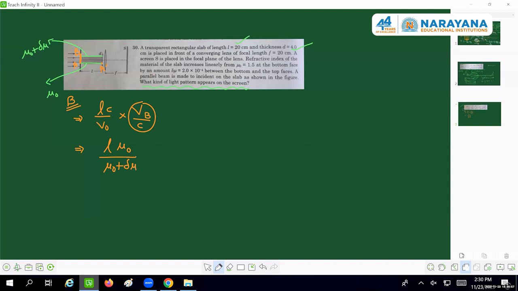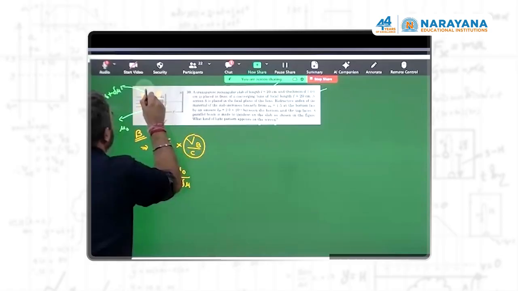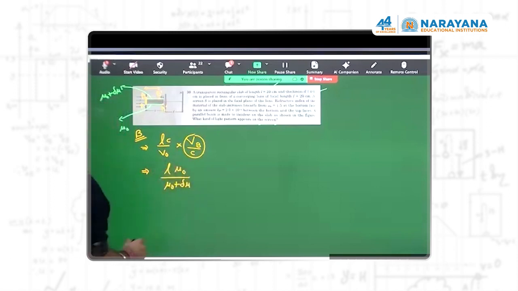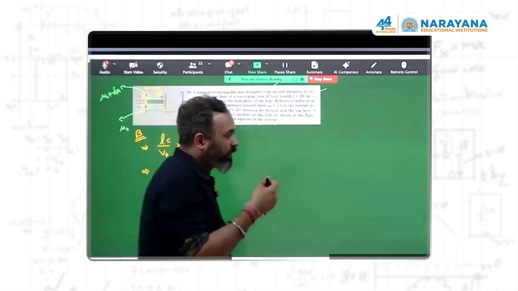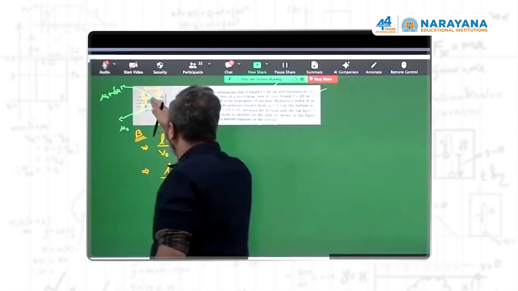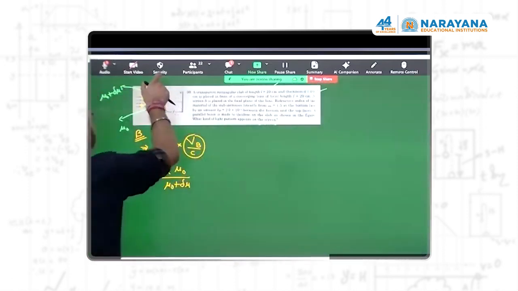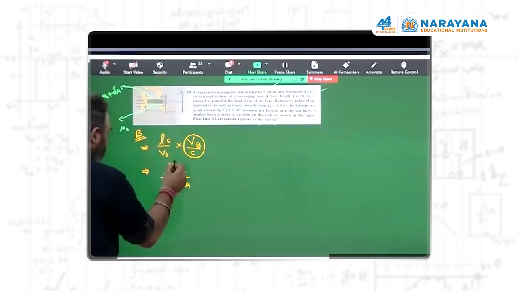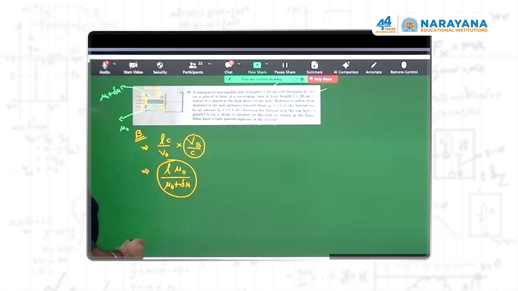So what we are trying to say is the corresponding point B has now reached B prime, and the distance from B to B prime is this. As expected, mu was increasing, so we were expecting that part of the wavefront to travel less. It has traveled a fraction of L.